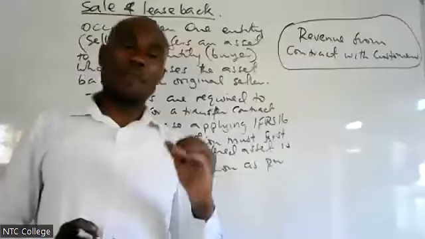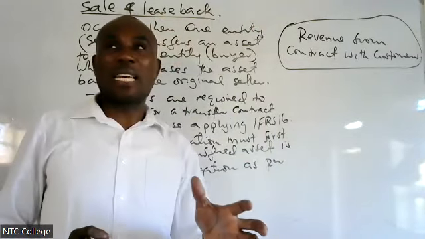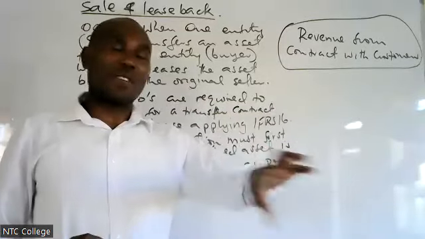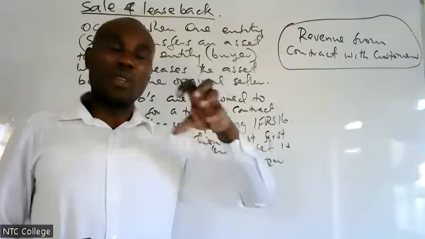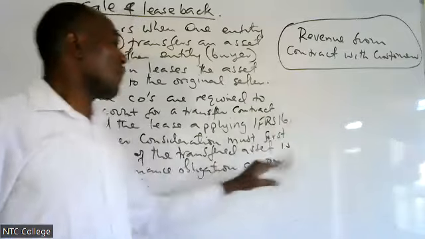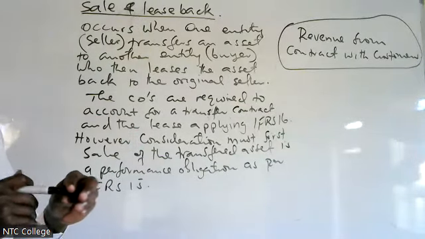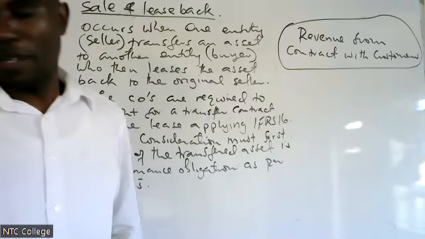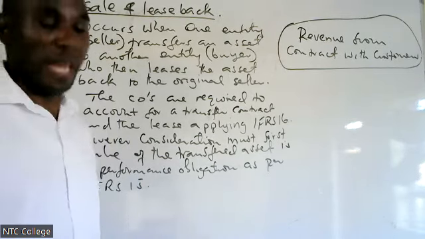Because when we go to revenue from contracts with customers, there are provisions that will tell us that this sale qualifies as a transfer contract. If it does not qualify, then you cannot recognize that as revenue. That's why we are saying for us to account for this lease, it must qualify the transfer contract as per IFRS 15 first. Consideration must be given to that.